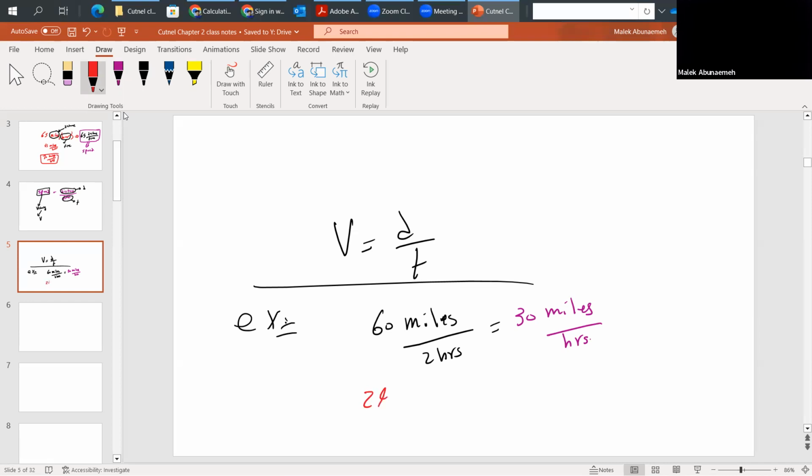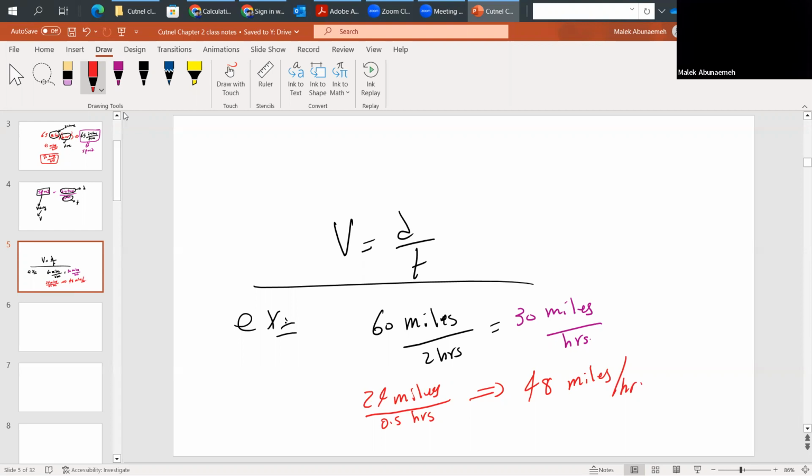Let's say you went really fast. Let's say you went 24 miles in 1/2 an hour, 0.5 hours. That means your speed in this case would be what? Well, 24 divided by 1/2. So you're talking about 48 miles per hour, which is, again, your distance over your time.